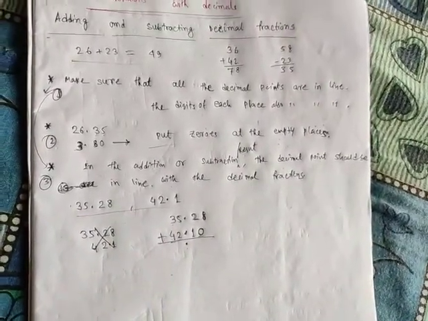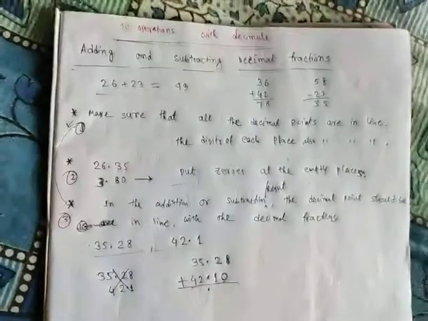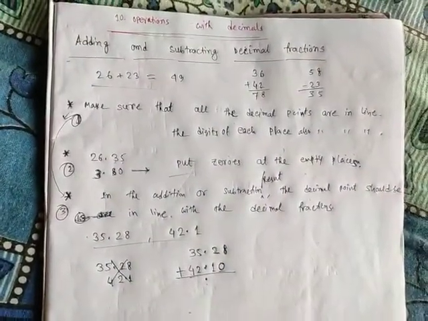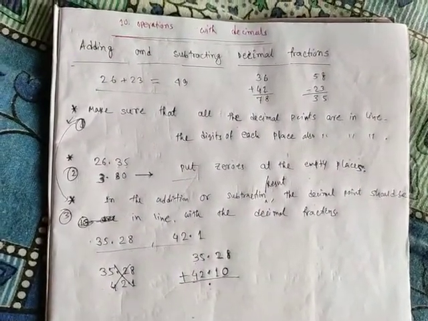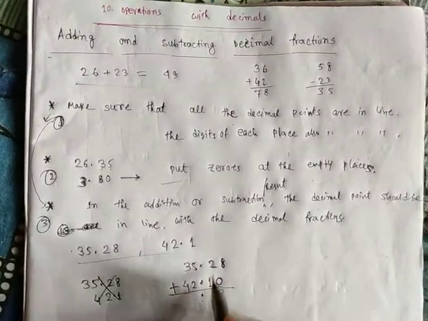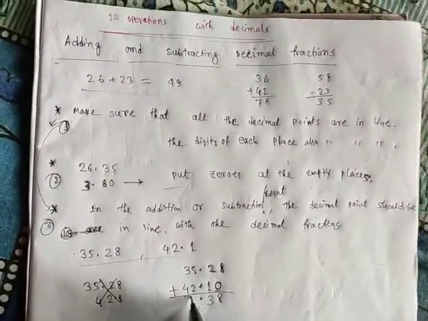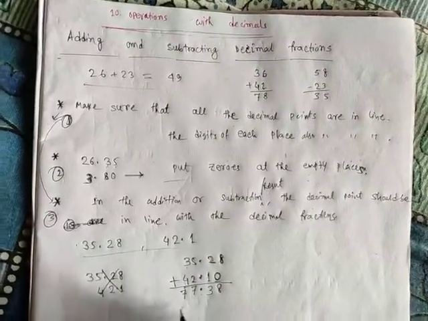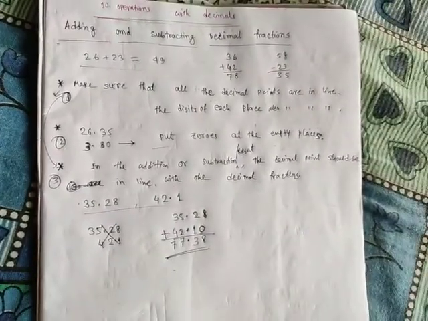Now do the addition as with whole numbers. So see the process: 8, 0, 8; 2 and 1 are 3, 5 and 2 are 7, 3 and 4 are 7. So this is your result.